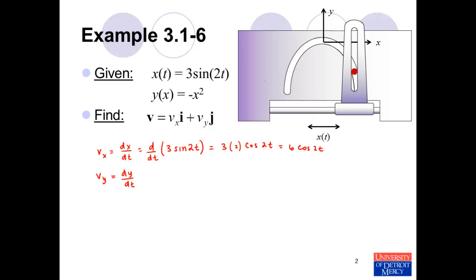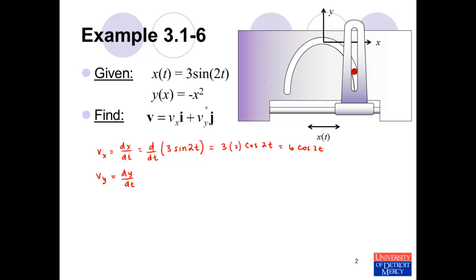When we look at this, we are given what the shape of this parabola is. And so the shape of this parabola tells us how the pin is going to move, how the y-coordinate of the pin is going to change. We may be tempted to just differentiate this and say that it's equal to negative 2x.